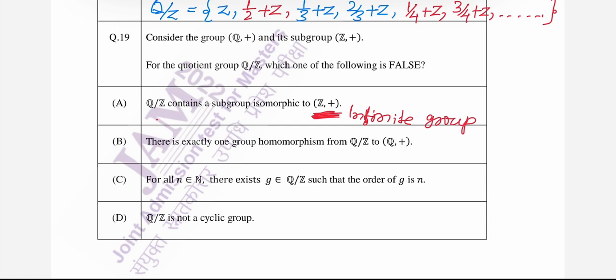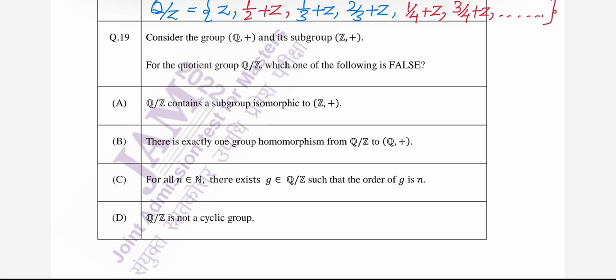So since the subgroup is isomorphic to it, that subgroup should also be infinite. So we have to search for an infinite subgroup in Q/Z. Okay, it is clear now.